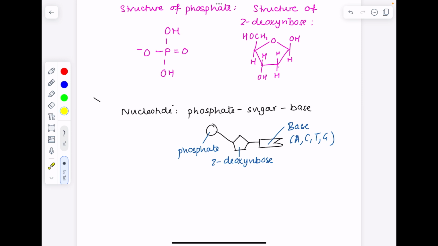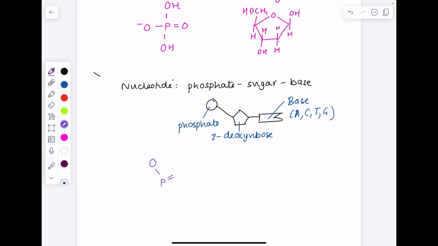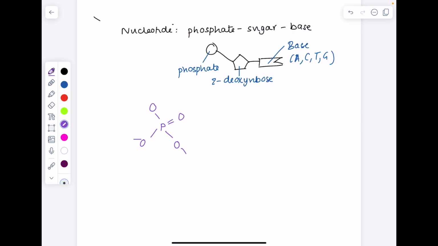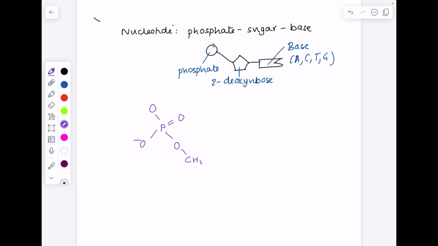So let's combine this simplistic diagram with the actual structures. We're going to start with our phosphate. And then up here you'll find your base attached.